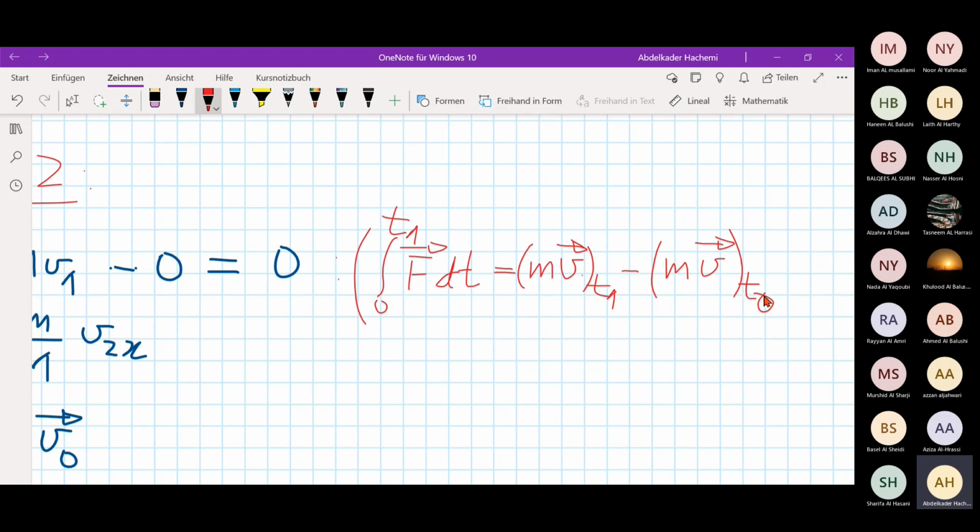The initial one here is 0, and at time t1 we have the velocity of the mass small m and the velocity of the mass M.